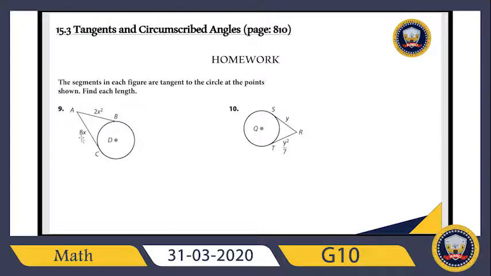The length AC is 8x. And here SR measures y. RT measures y squared over 7. Now we want you to find each length. Find what is AB, what is AC, what is SR, and what is RT.